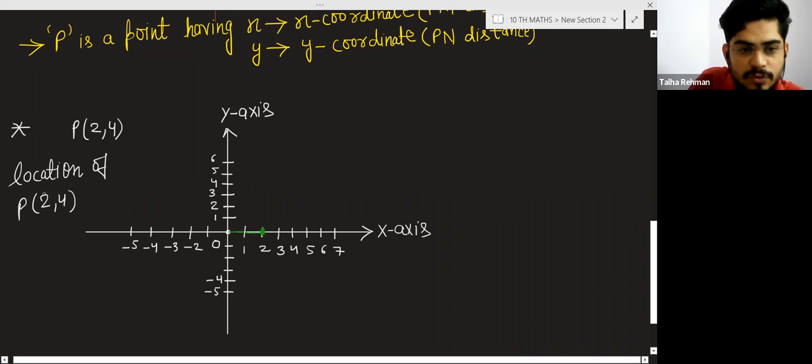X coordinate is 2, and you move 2 distance in this direction. Now you have to move perpendicularly at a distance 4. You have to move from here like this. So the final location of the point is this. This is a point P having coordinate 2, 4.